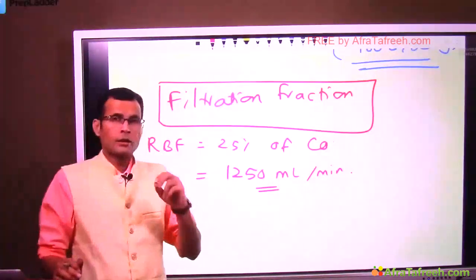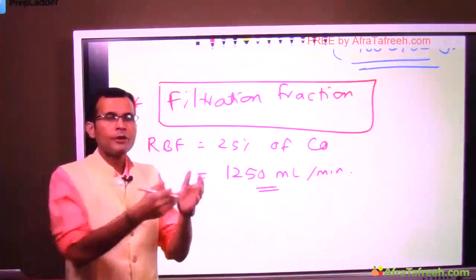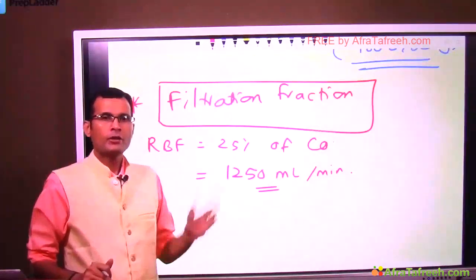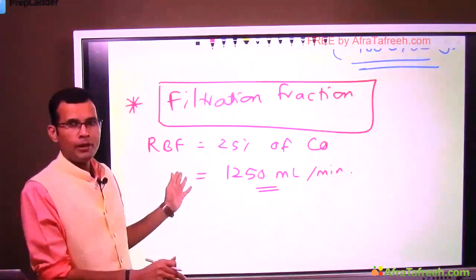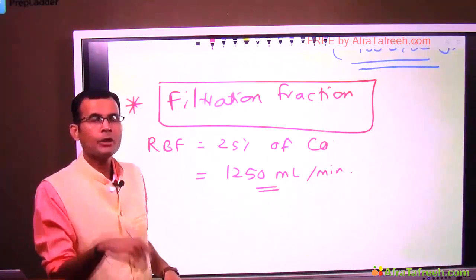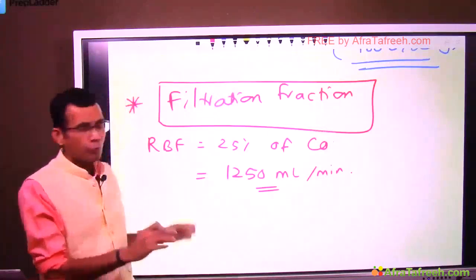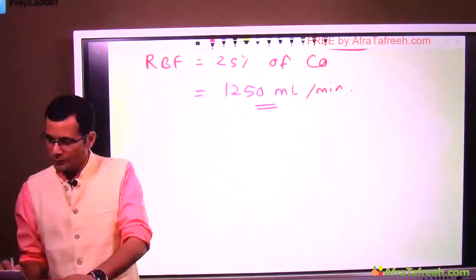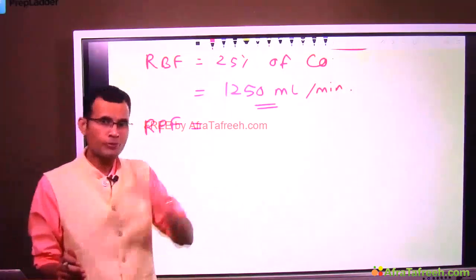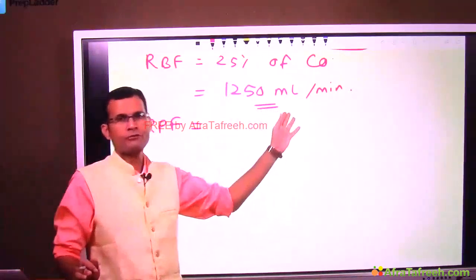But so far as the filtration is concerned, filtrate comes out of the plasma. Okay, this is whole blood, but filtrate comes out of the plasma. The glomerular filtrate which is being formed, it's formed out of the plasma. So therefore we have to know how much is the renal plasma flow. Renal plasma flow obviously will be half of this, roughly.